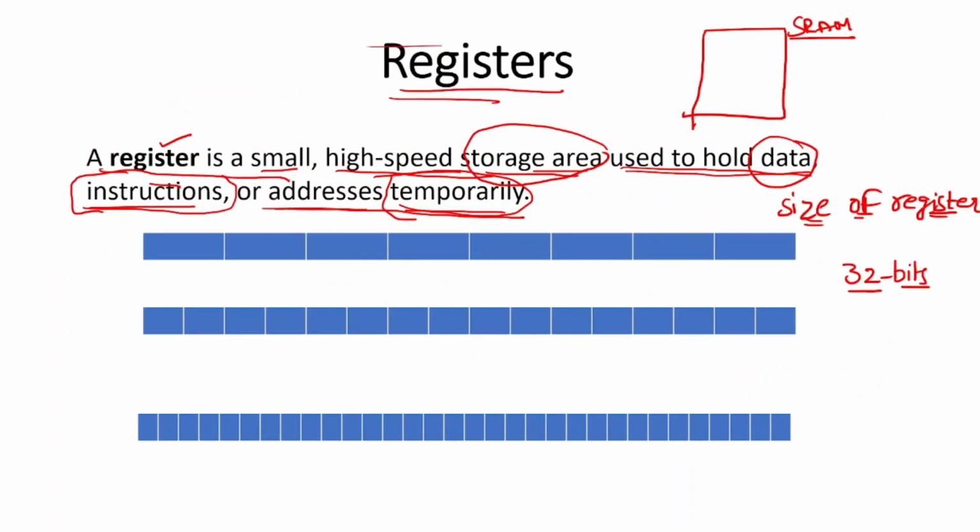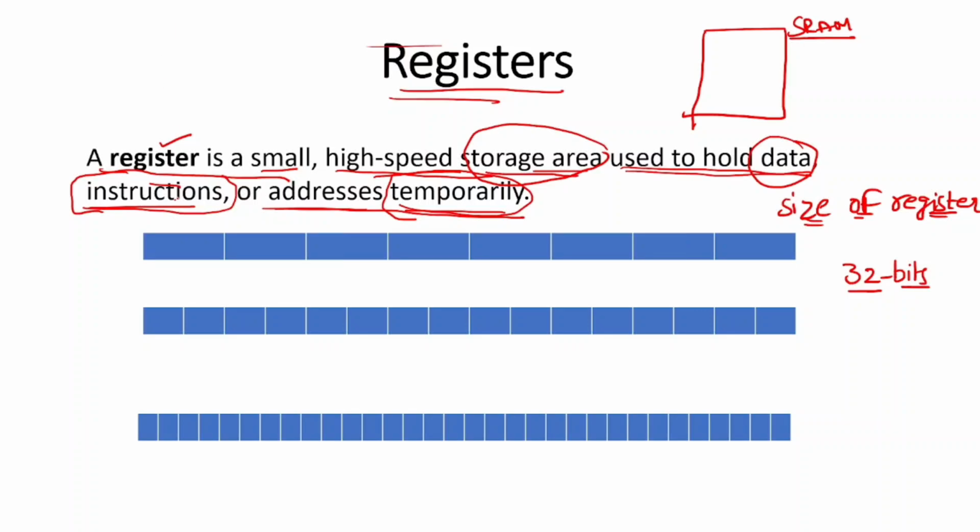Let me explain. Here see, that's how to select the register size. Whenever they are manufacturing the chips, first they will check in one machine cycle how many bits my processor can read and write.